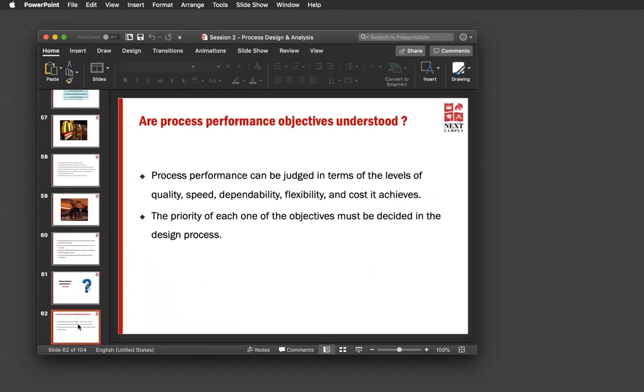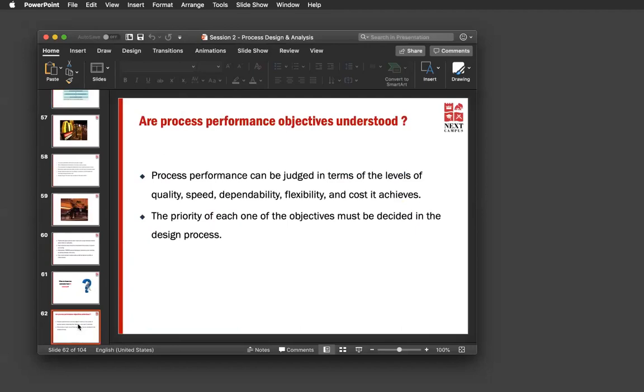Now, your layouts and processes would ideally depend on the performance objective an organization would be focusing on. So, if it is quality, then of course you are looking at a project scenario. You are looking at a customization scenario. You move into the finer aspects.